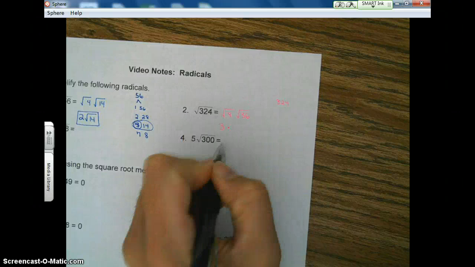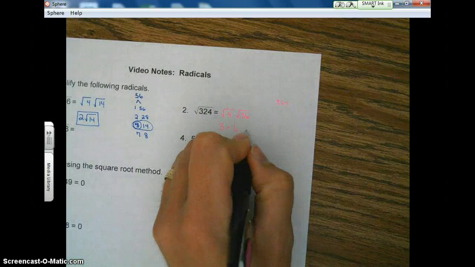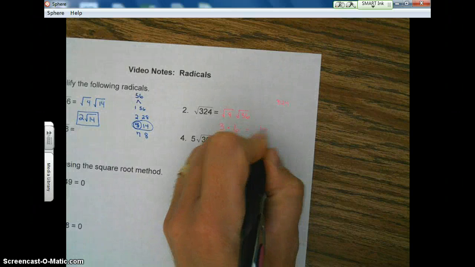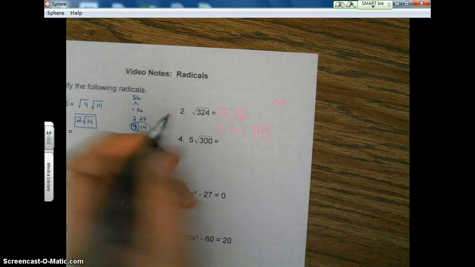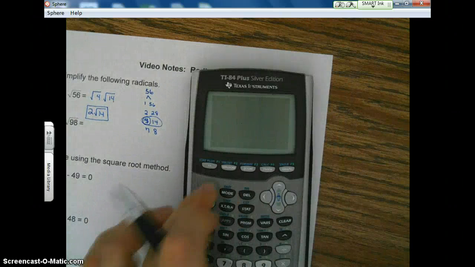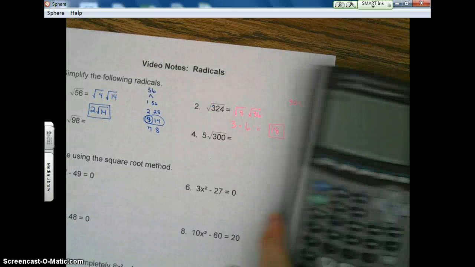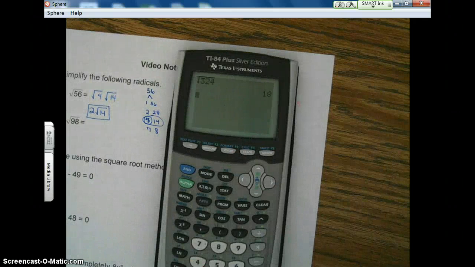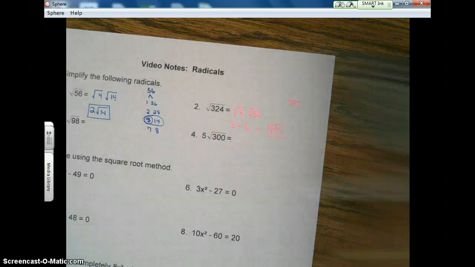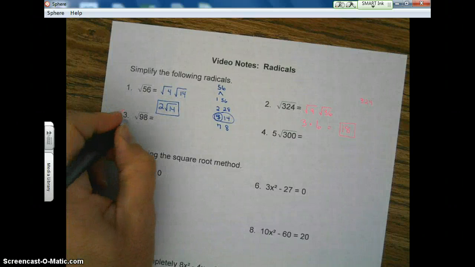The square root of 36 is 6. So the answer is 18, which means the square root of 324 must be 18. What was it, 324? And it is. It's a perfect square. Nice. Okay, I'm going to go ahead and let you try number 3.